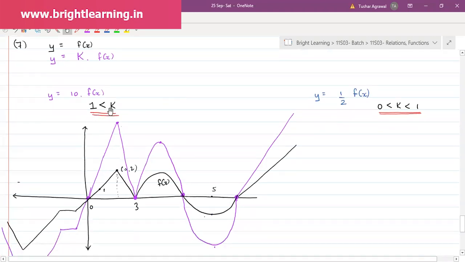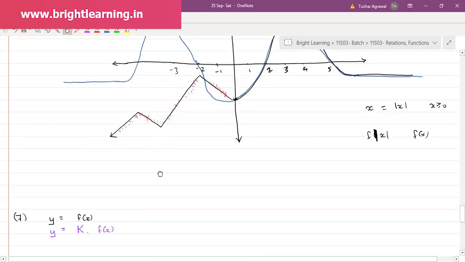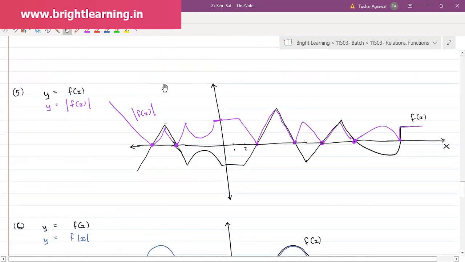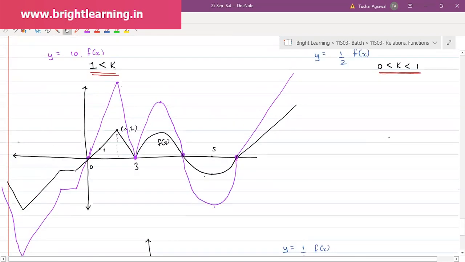Okay, 3 times f of x, and then just take the mirror reflection. Because you know the relation between f of something and f of that with the negative sign, minus of f. So to plot the graph of minus 3 times f of x, from f of x I will draw the graph of 3 times f of x, and from 3 times f of x, I will take the mirror reflection about the x-axis to get negative 3 times f of x.